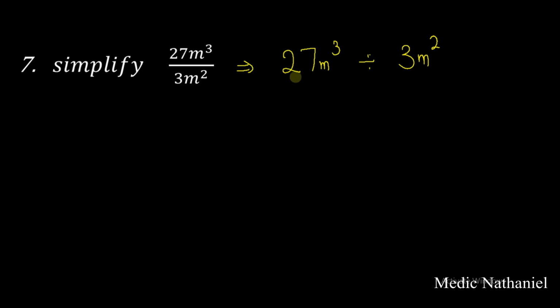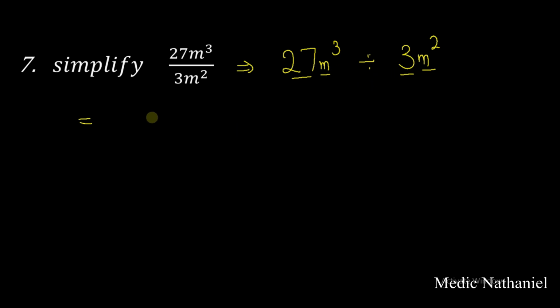So 27 is an ordinary number, m raised to the power 3 is an index number, 3 is an ordinary number, m raised to the power of 2 is an index number. So what you want to do is use the ordinary number to divide the ordinary number, and use the index number to divide the index number.